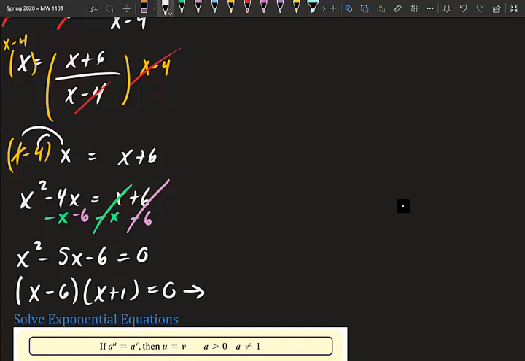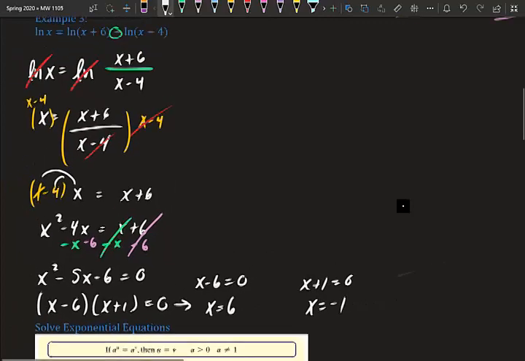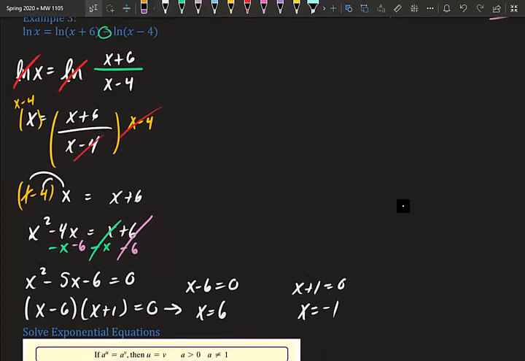That means we have x minus 6 equals 0 and x plus 1 equals 0. Or if we solve for x, we have x is 6 and x is negative 1. Again, those are our proposed solutions, but we don't know if they're true or not. It's possible to have no solution, it's possible to have one of them, or multiple solutions, okay?